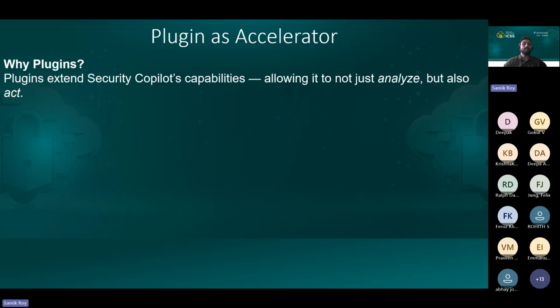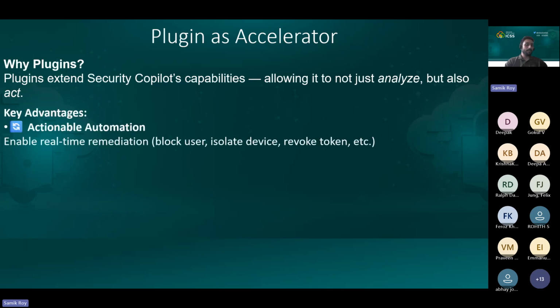Plugins give you capabilities in a couple of ways. Number one, you can have an API. You can have a KQL query written. These are the two things. And you can also use OpenAI-specified YAML files, which basically lets you call another model to do some isolation or take some action on your behalf. Now, what are the advantages we're going to look at?